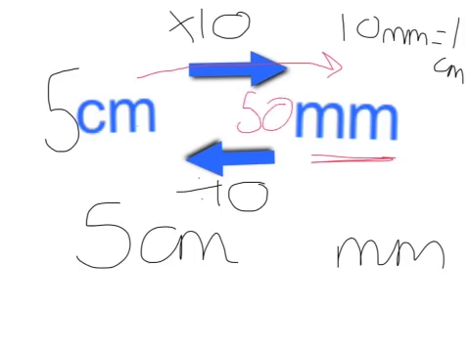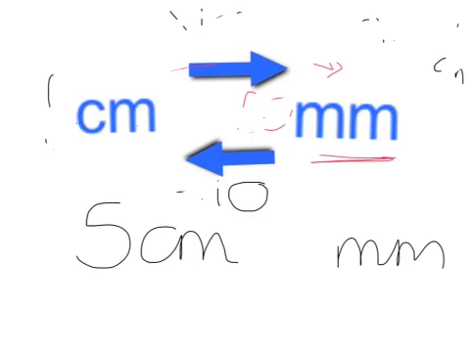Let's try that for another example. If we rub out what we've just done, this time, let's go the other way. Let's say this time we've got 20 millimetres that we want to convert into centimetres. So my 10 stays the same. And my arrow going to the right is times, and my arrow going to the left is divide.